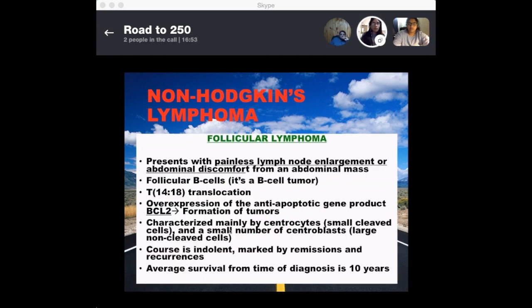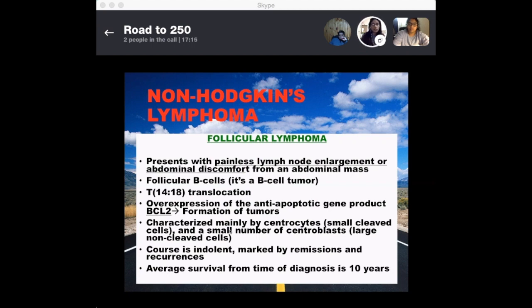Okay, so follicular lymphoma. It presents with a painless lymph node enlargement or abdominal discomfort from an abdominal mass. So follicular B cell, so it's a B cell tumor, which I'm going to show the differentiation as well in a second. It is associated with a translocation 14/18.